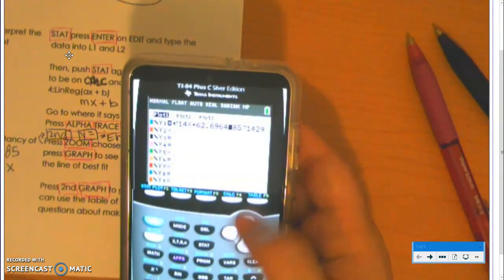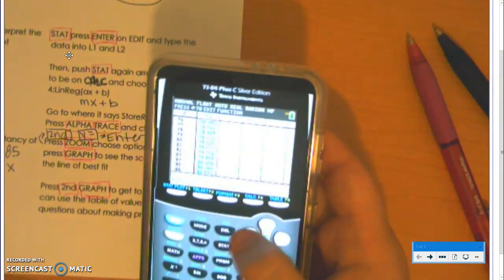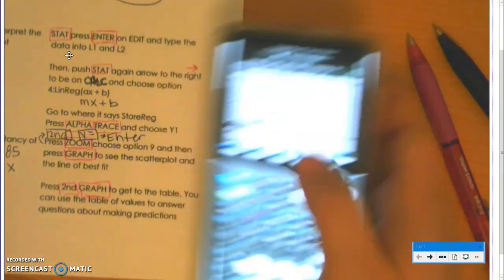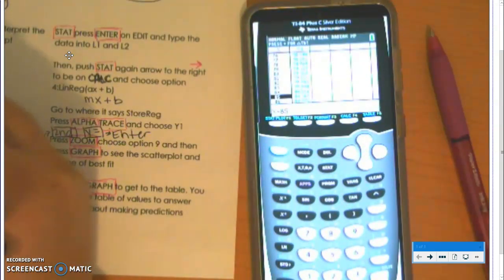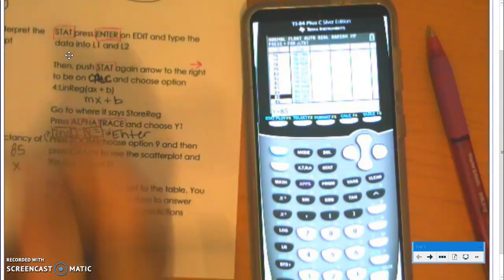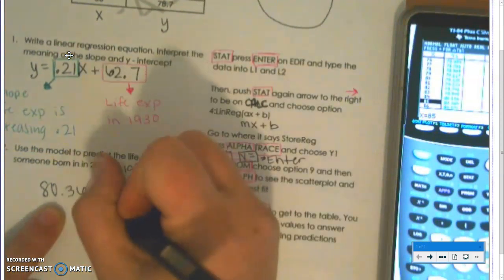But there's my line of best fit. So second graph, I went to 85 on my table, 80.36. So you would expect somebody born in 2015 to have a life expectancy of 80.36 years.